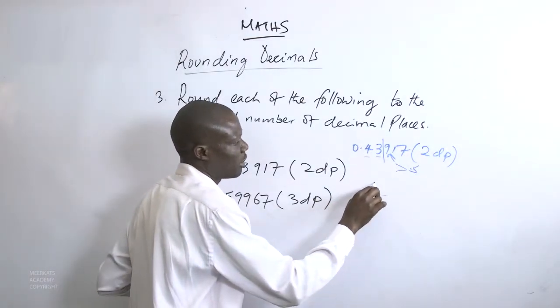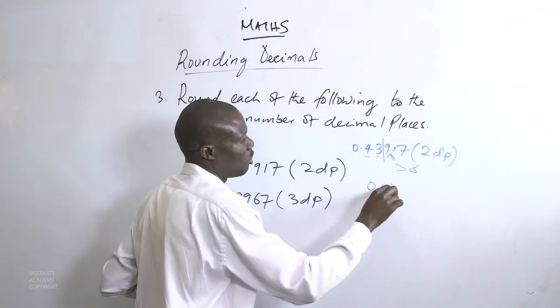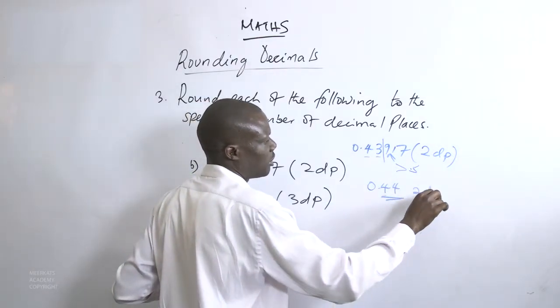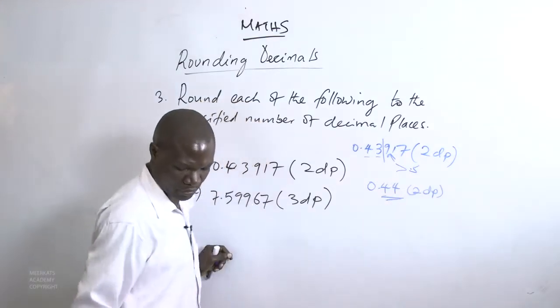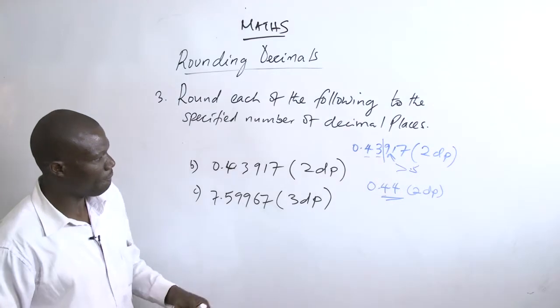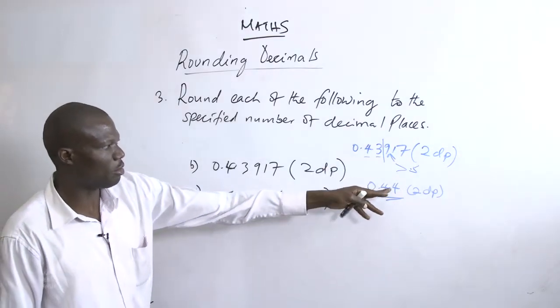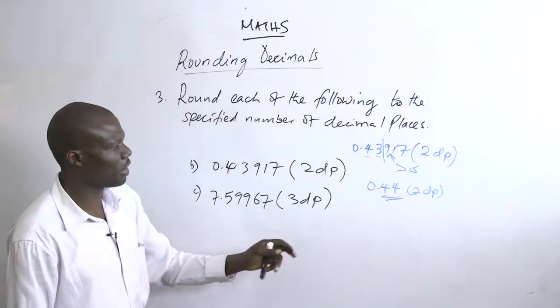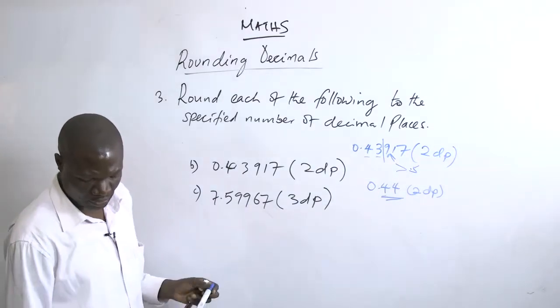So the answer becomes 0.44, correct to 2 decimal places. Note that because the critical digit was greater than 5, we rounded up.